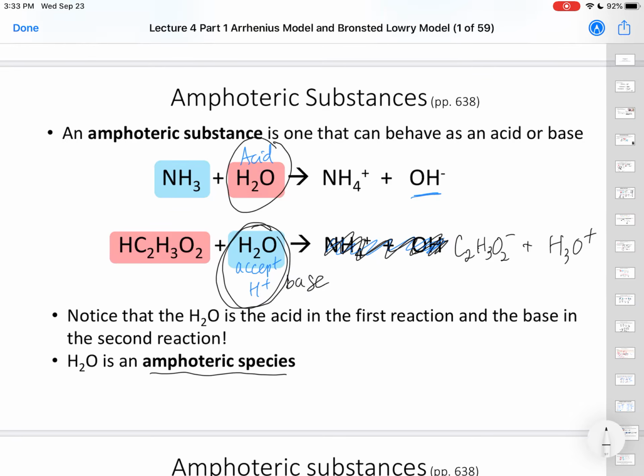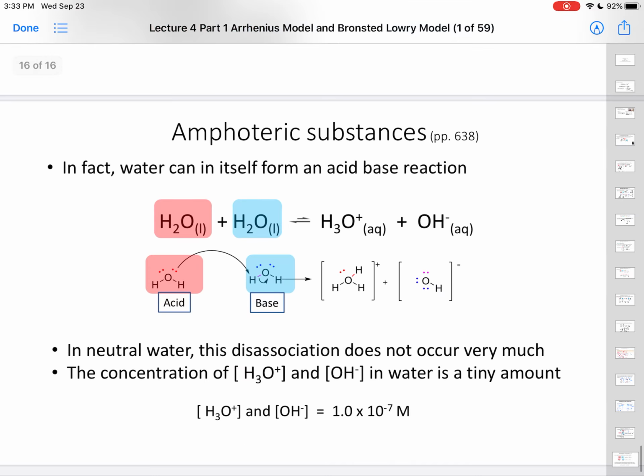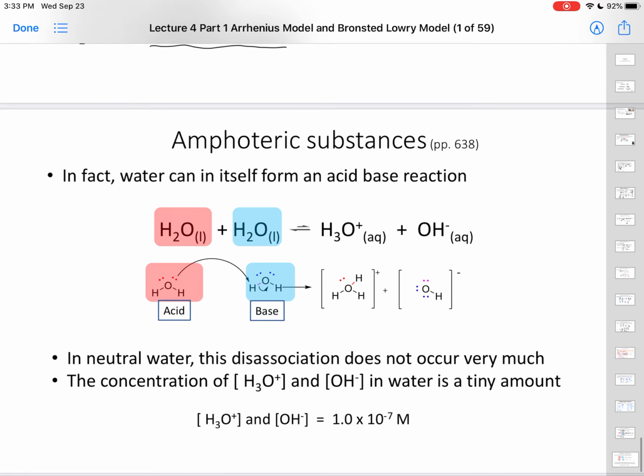That's why water is what we call an amphoteric species in terms of its naming, okay? In fact, water can form itself an acid-base reaction. So a water molecule can react with itself or another water molecule, and it can form what we call H3O plus and OH minus, okay? So how does this happen?